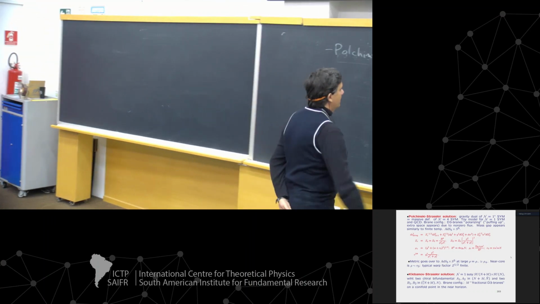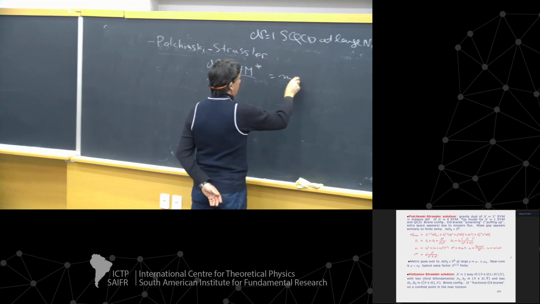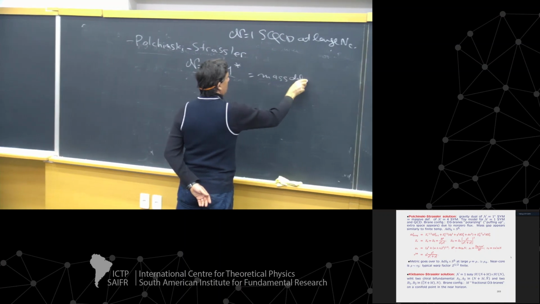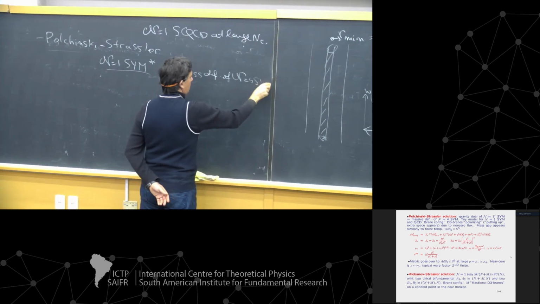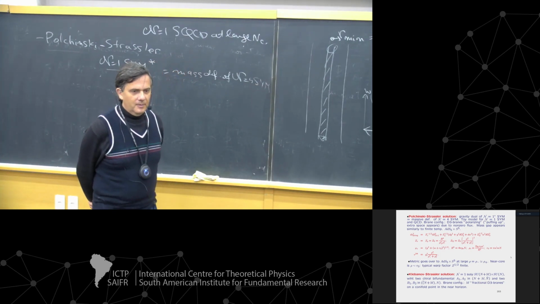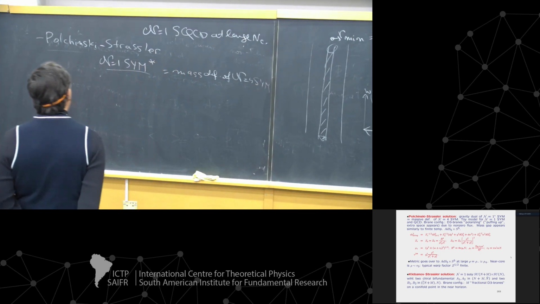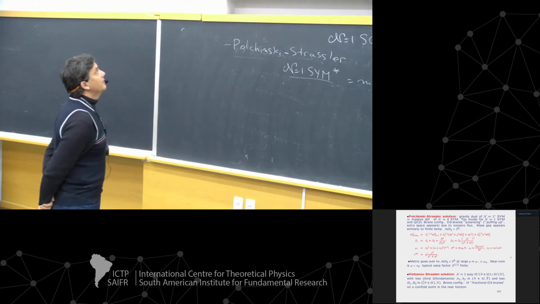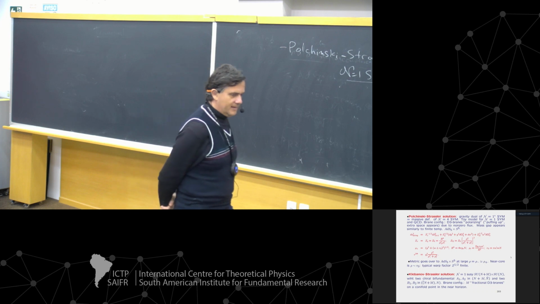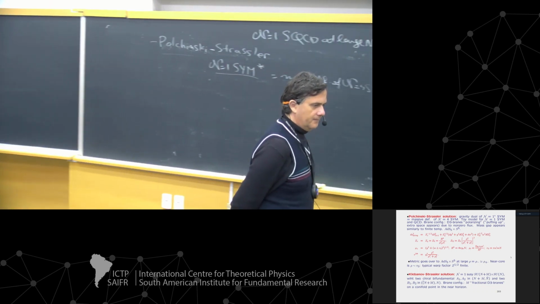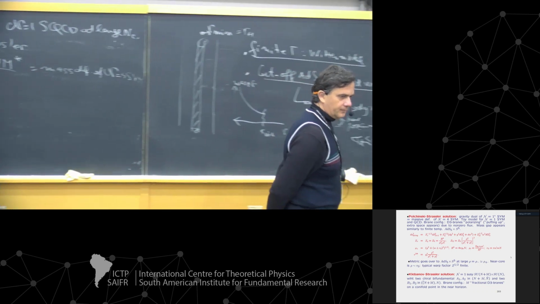So this is some mass deformation of N equals 4 super-Yang-Mills. But actually the problem is that it contains an infinite tower of massive fields that are not supposed to be there.